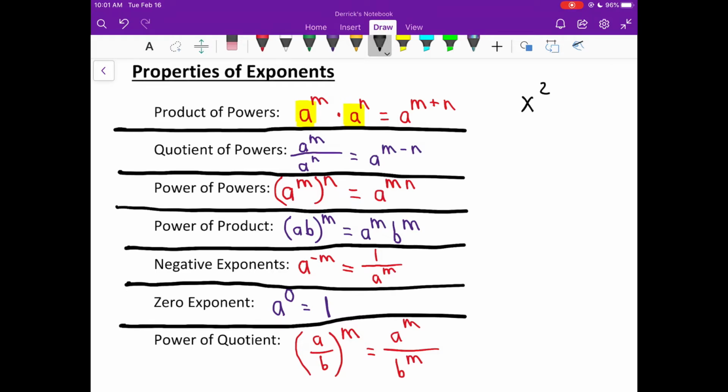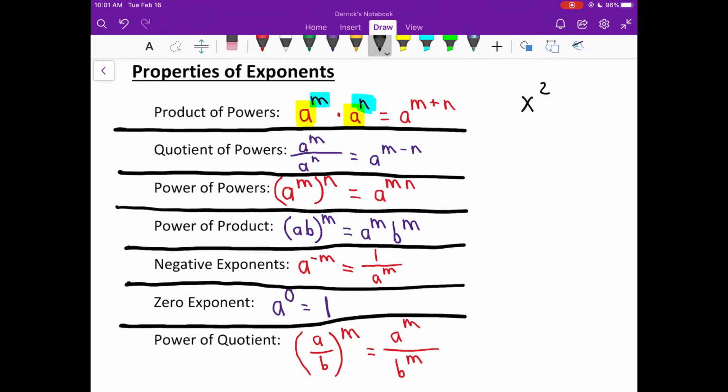So a is our base in this example. Notice that they are both the same base of a. What's different is that one of them has an exponent of m, and one of them has an exponent of n. And so what the product of powers says is if your two bases are the same, if you are multiplying like bases, then you can add the exponents together.